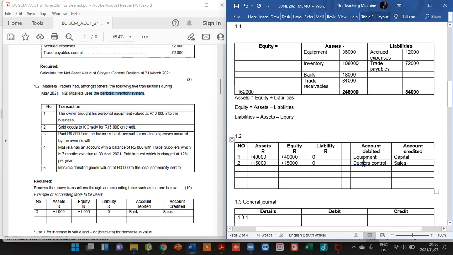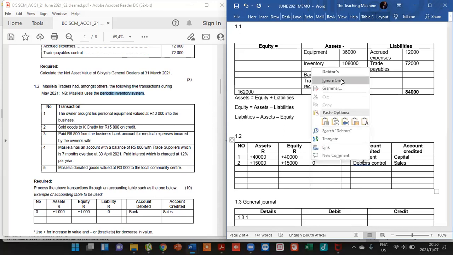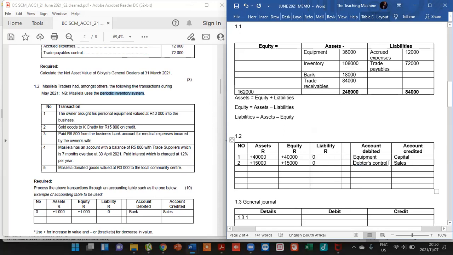What is sales all about and why is sales credited? Okay, let me explain, then I will look at the messages. I'm 100% sure that students understand why I said debtors control will be debited. It's because debtors control is an asset. People who owe the business will increase in terms of number. Okay, we fine. What about sales?